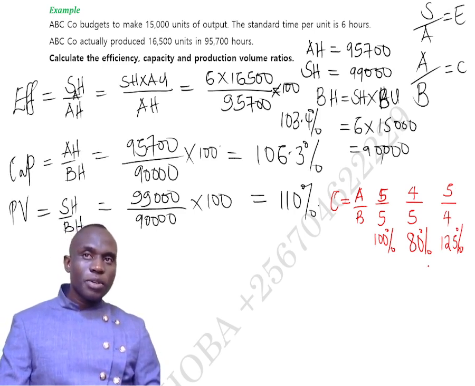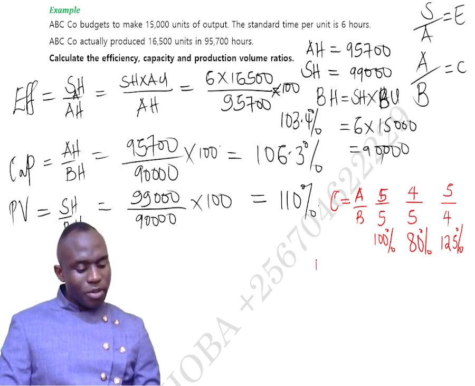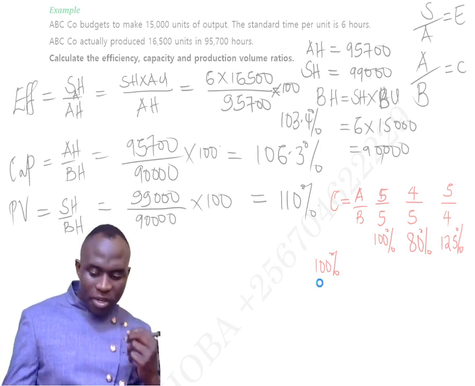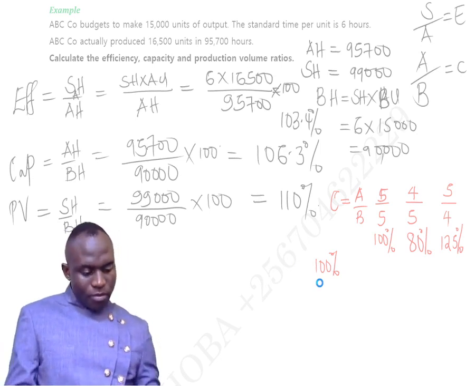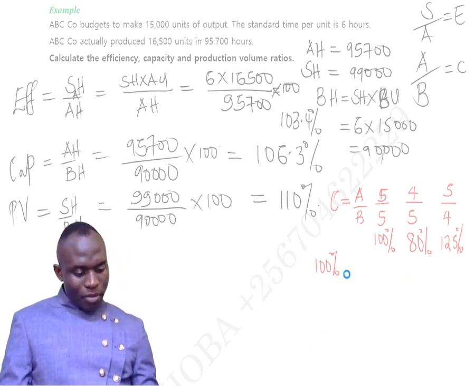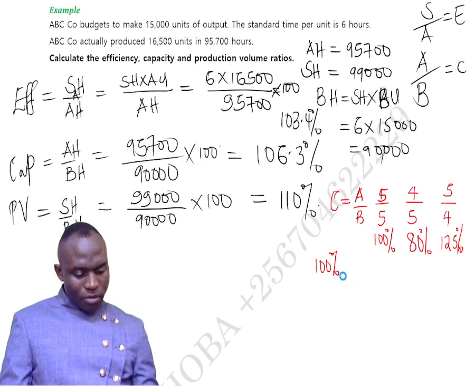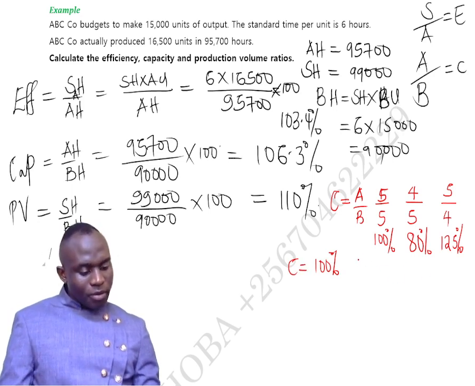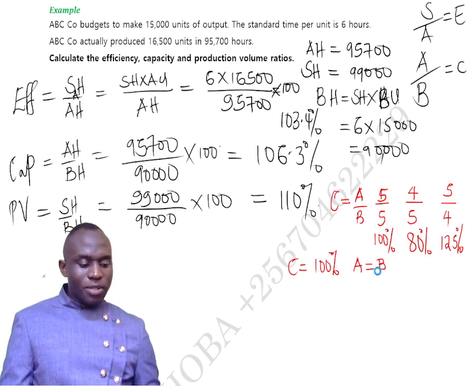For capacity ratio, if the ratio is 100%, it means that actual hours are equal to budgeted hours.